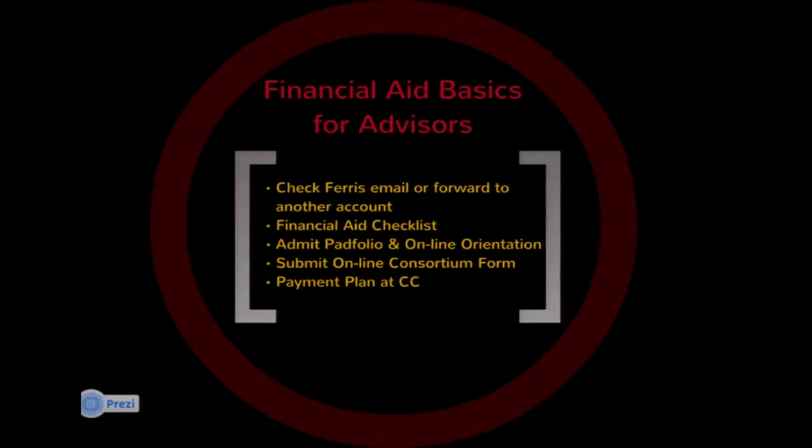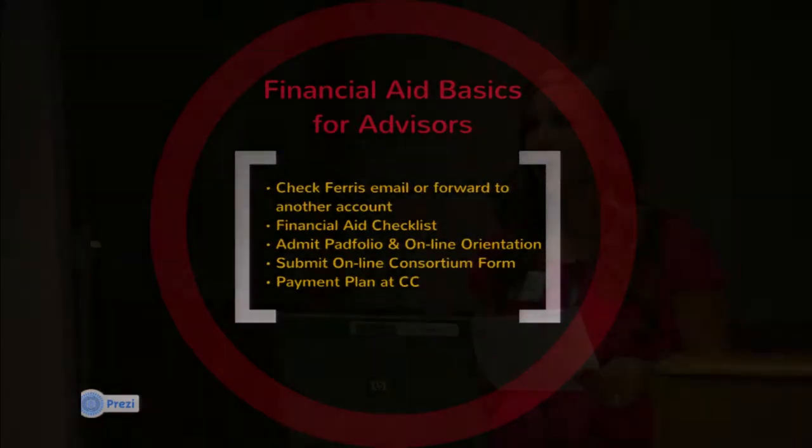In your packet that you got, we also included a general financial aid checklist and financial aid 101. I would really appreciate it if you would hand this out to students. At some point I would like to work on making them site specific and sending them out to the specific sites so that you have that to give to students. But in the meantime, this is just very general. It goes over things like checking your Ferris email, submitting your FAFSA, how to set up direct deposit, checking your financial aid awards and your missing requirements.